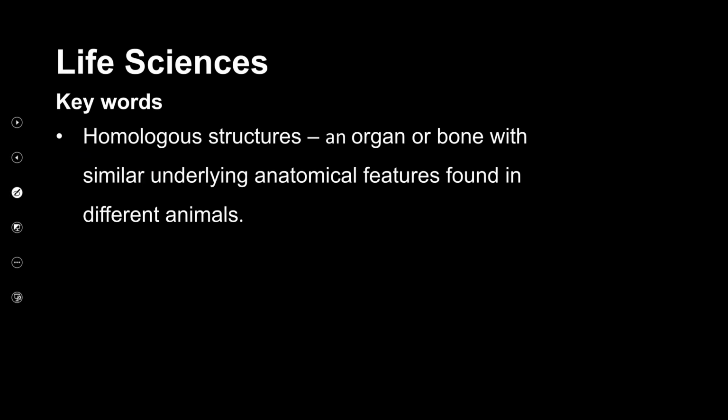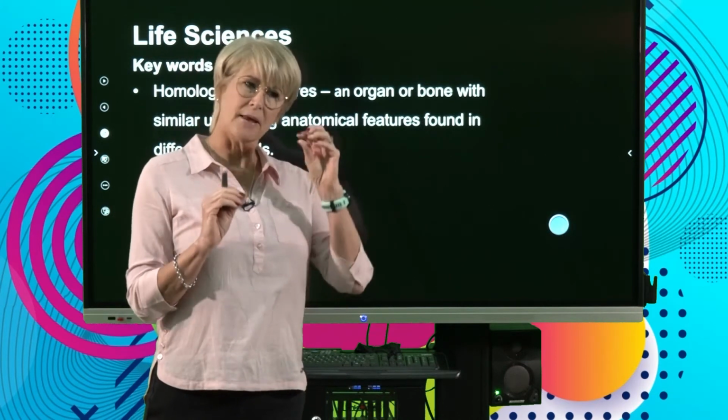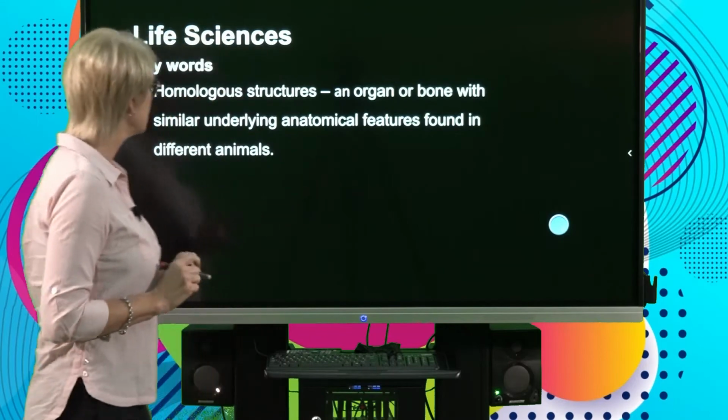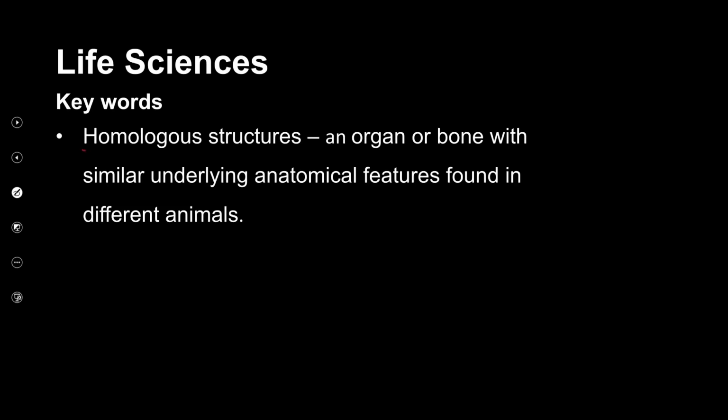All right, and then the next key word we're going to have a look at is homologous structures. Now again, when we do terminology, it's always a good idea to break up the word into what you can, and then you can work out the parts. So if you break it up into smaller parts, it makes it a lot easier to figure out. So homo means the same, and then logos, so what we're looking at is structures in organisms that are the same or similar.